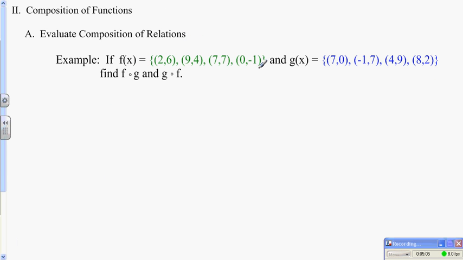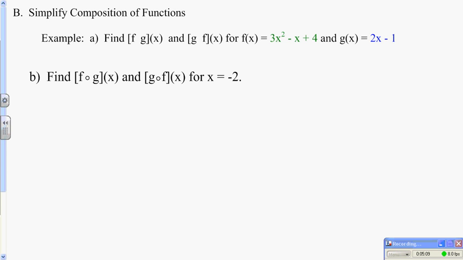Now we're going to take a jump here. We're going to go, out of order, to this question. And this question asks us to find a composite function. And the composite function is going to use x equal to negative 2. So let's go through what this means. F composite g, I want x to be negative 2.